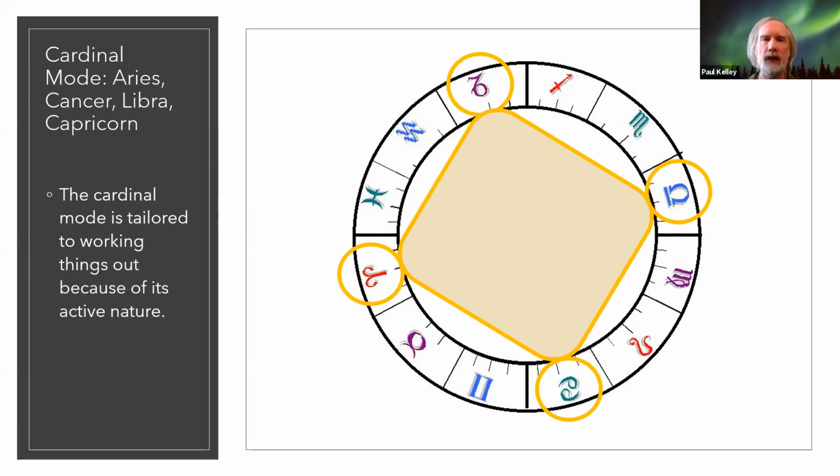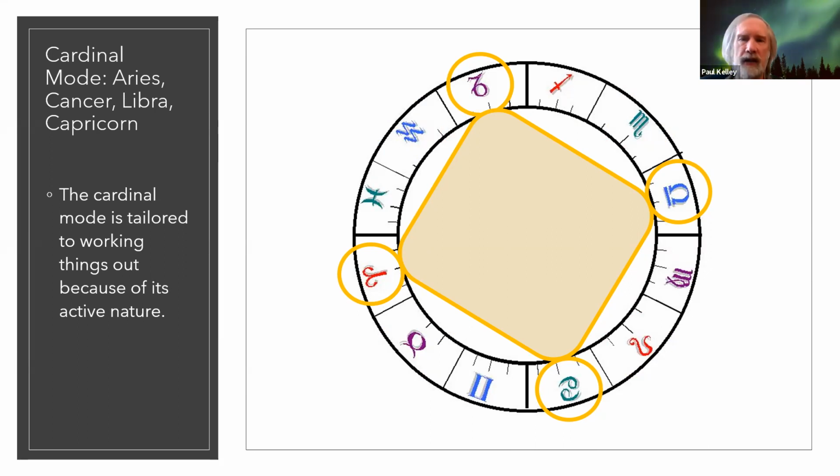When we look at cardinal mode squares, that is Aries, Cancer, Libra, and Capricorn, we're looking at conflicts that are often productive conflicts because the cardinal energy is tailored to working things out. It's tailored to taking action, initiating things, doing things, getting things done. Well, okay, admittedly, Aries likes beginning things more than getting them done.